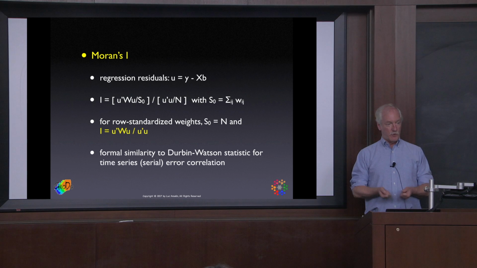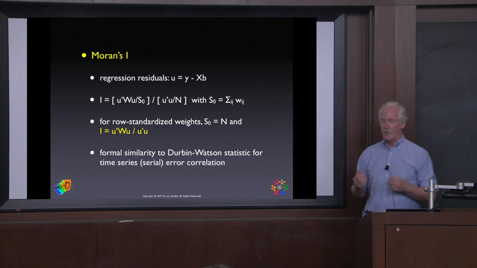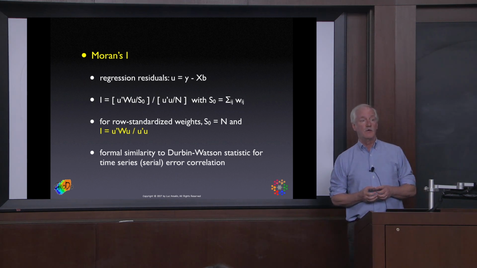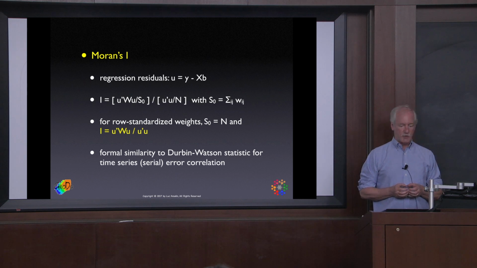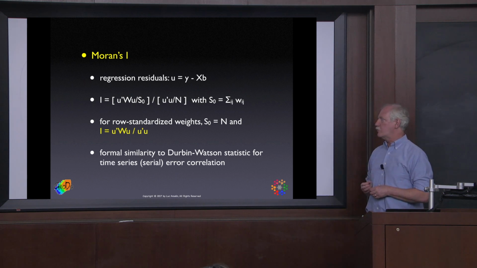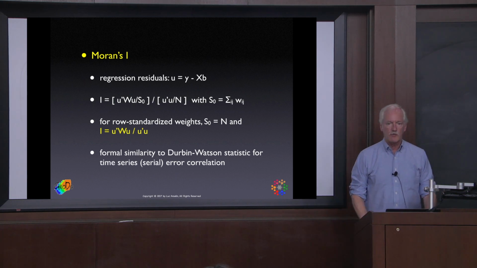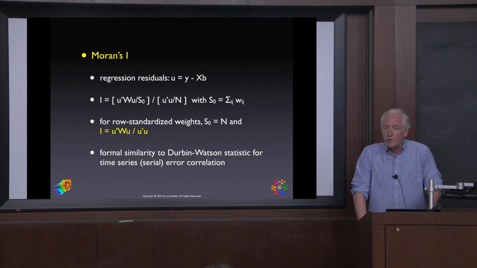So, first principle, as I mentioned, we work with the residuals. We plug the residuals into the standard expression for Moran's I, which is probably the most used global spatial autocorrelation coefficient. Moran's I looks a lot like a Pearson-type product correlation coefficient. The numerator is the cross product of the residuals and the spatial lags of the residuals.